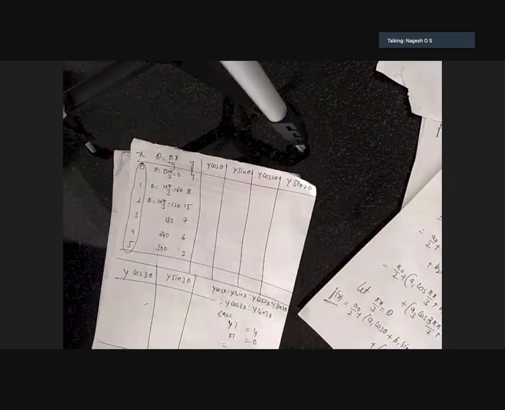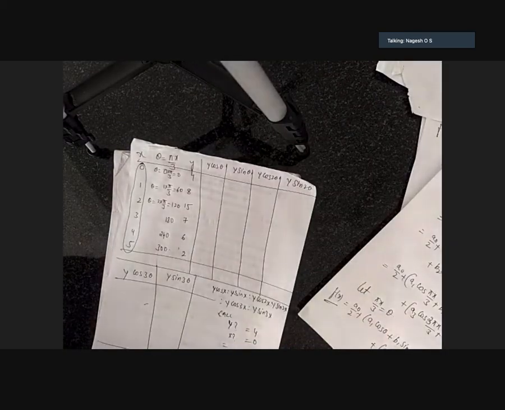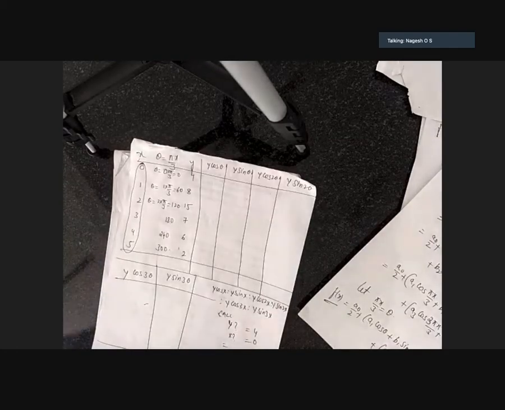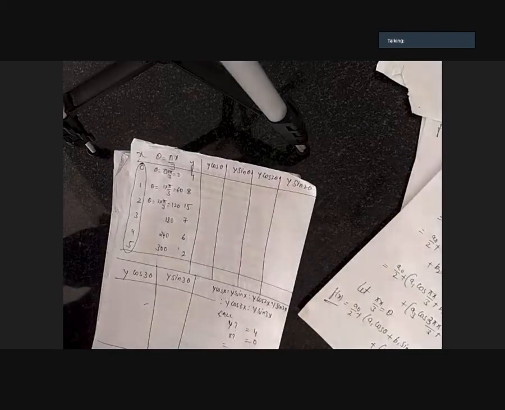Write down. Will you calculate this? Any doubt in this? I will tell the answer. You need to calculate. If you have any doubts, you can ask, or you can try this.